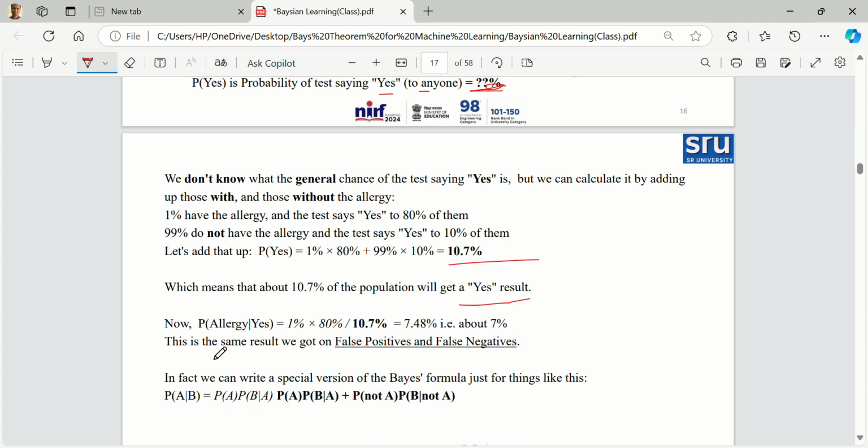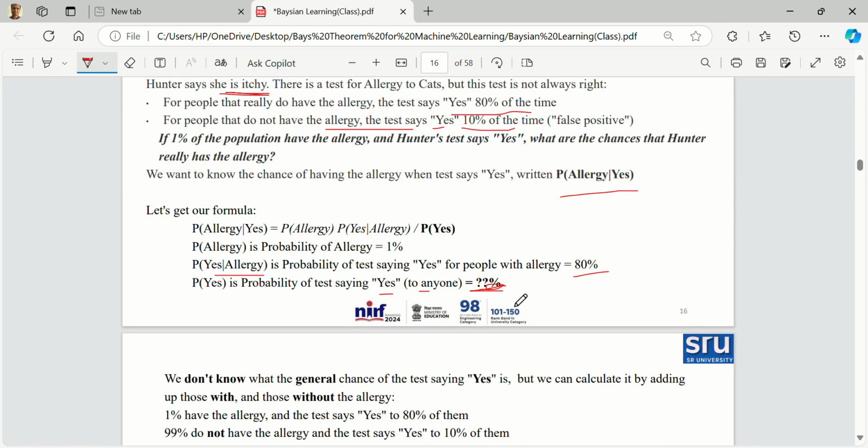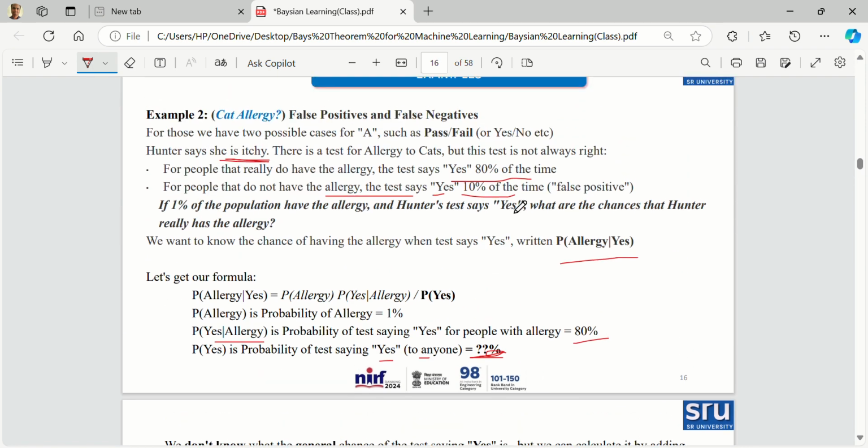Now probability of allergy given Yes: I am getting 1% into 80% divided by the total probability 10.7, so I am getting 7.48%. So around 7%, that is 0.07 probability. Now what is the difference you are getting? Previously, you already know, 10% of the time it is a false positive.